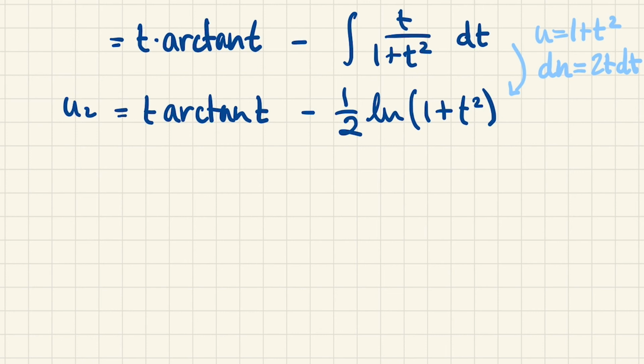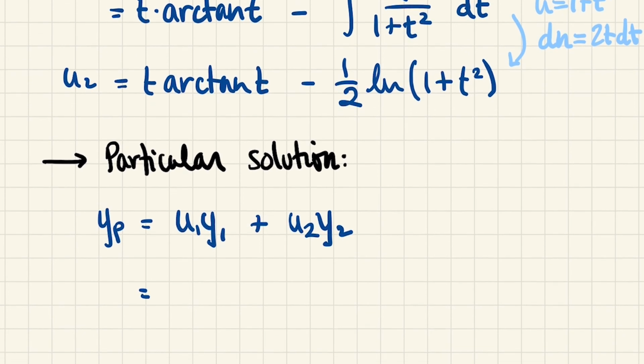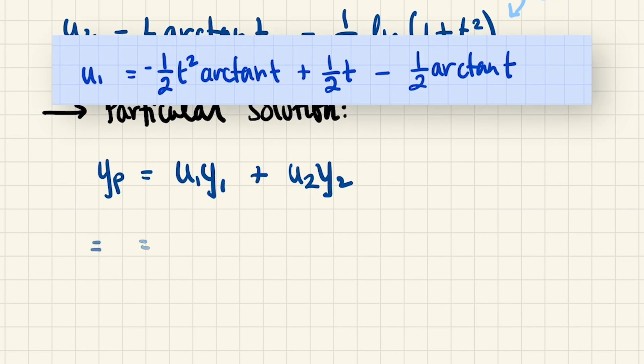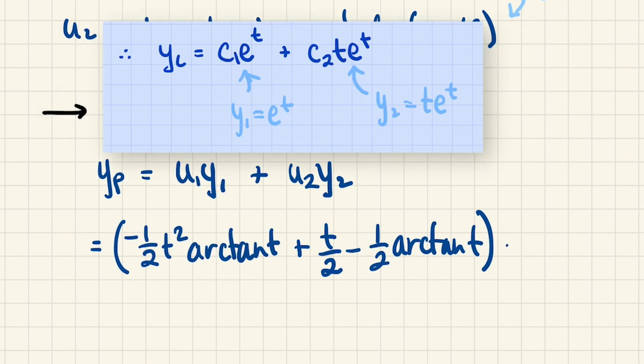Lovely. So where are we here? Well, let's build our particular solution. So that's yp is u1 y1 plus u2 y2. So u1 was negative 1/2 t squared arctan of t plus t over 2 minus 1/2 arctan of t, and that's all being multiplied by y1, which is e to the t.